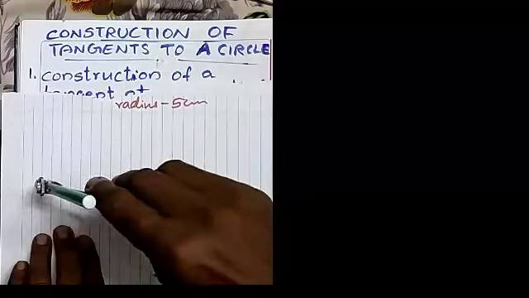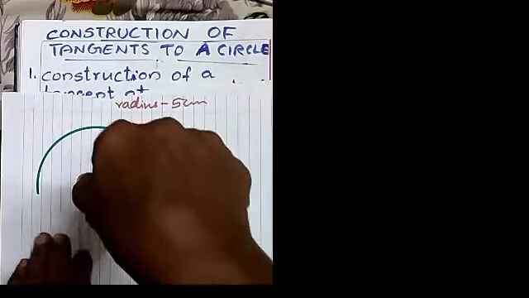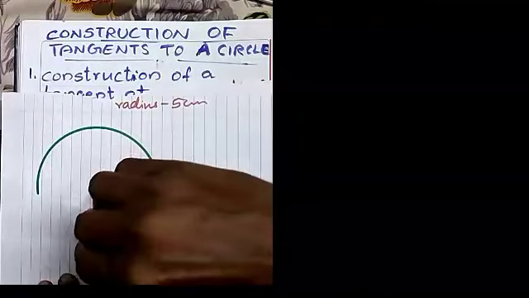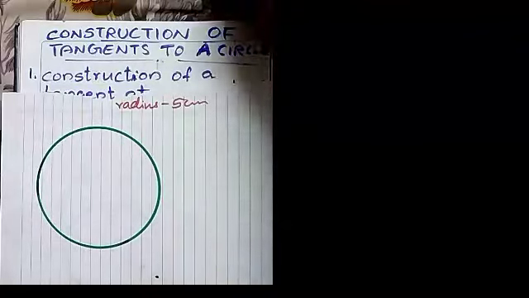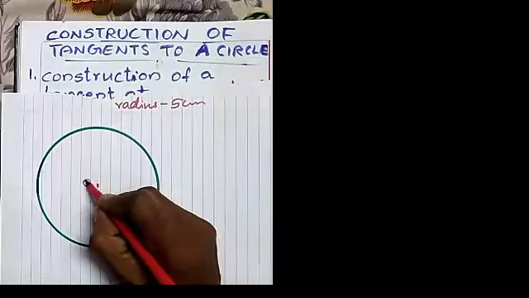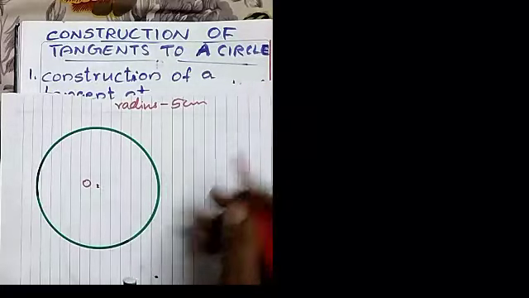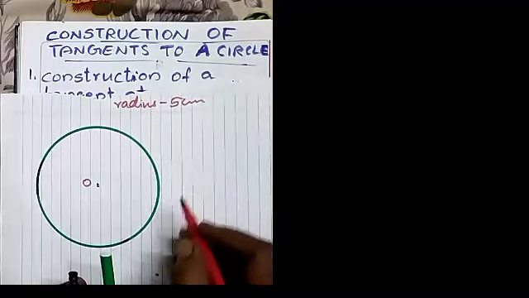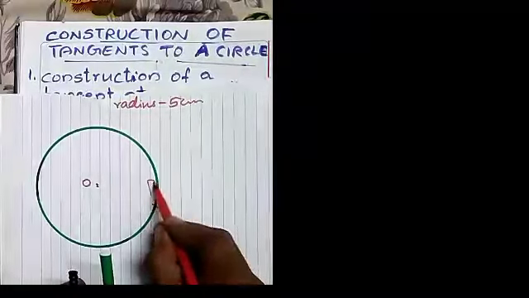Here it is, the circle. Circle is ready. Now we have to mark the center O. Now mark a point on the boundary, anywhere on the circle. Suppose here it is, the point P.